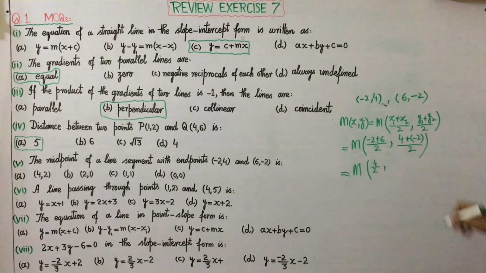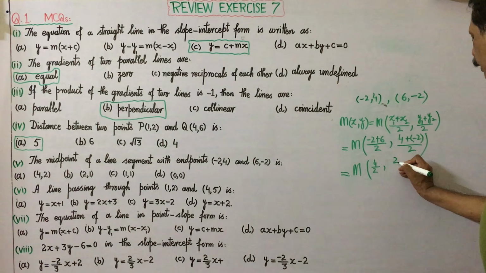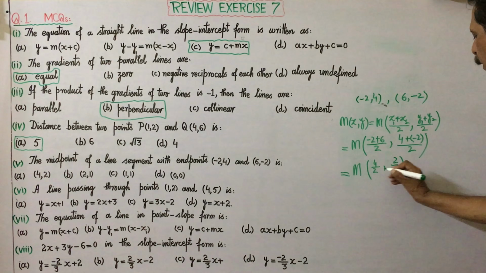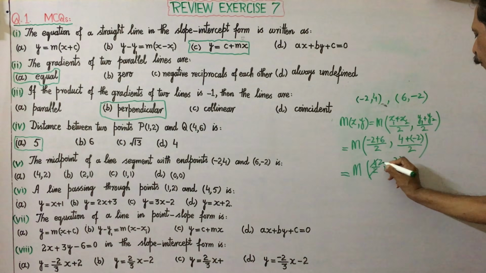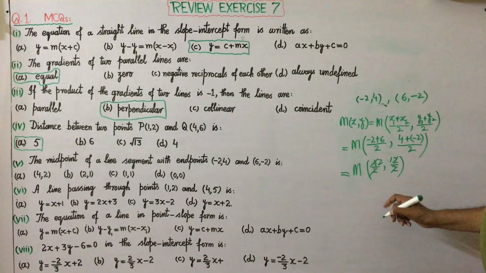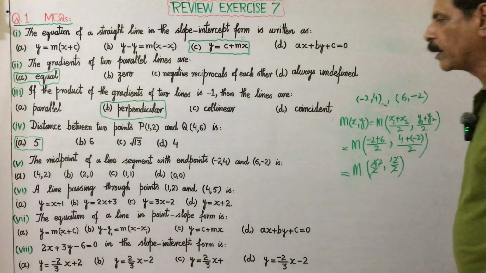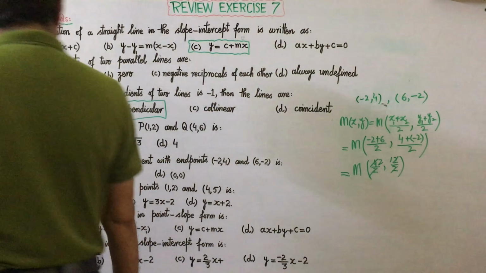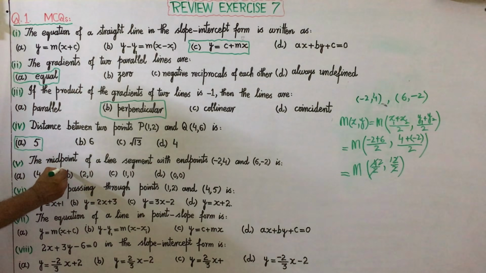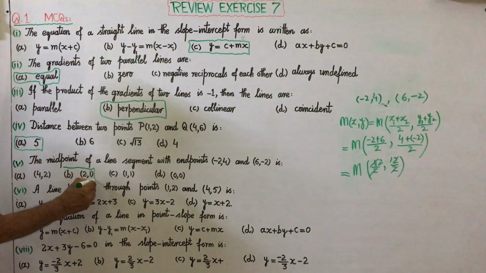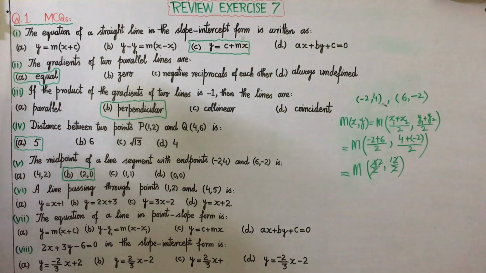Plus into minus minus, 4 minus 2 is 2 over 2. 2 ones are 2, 2 twos are 4. 2 ones are 2, 2 ones are 2. So midpoint has coordinates 2 and 1. So B option is 2 and 1.